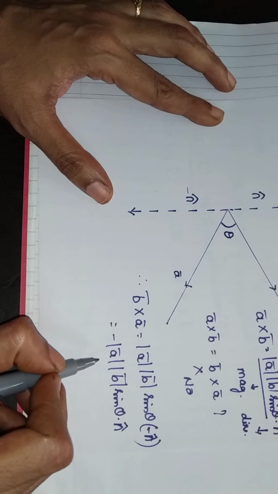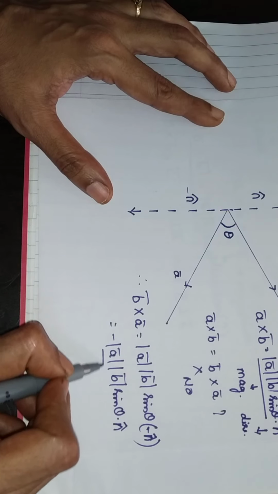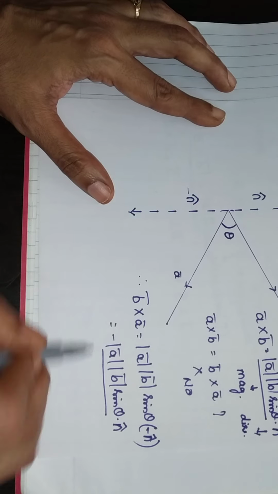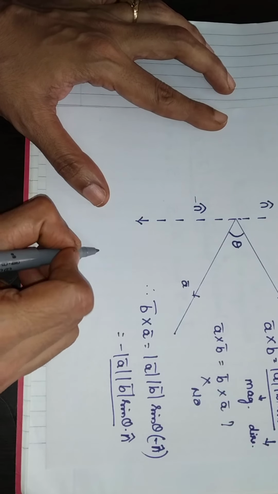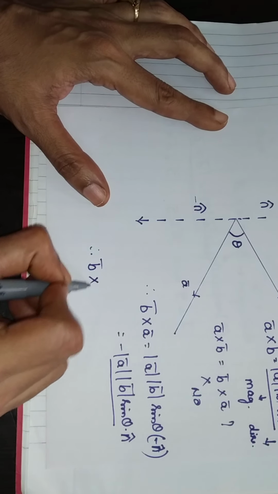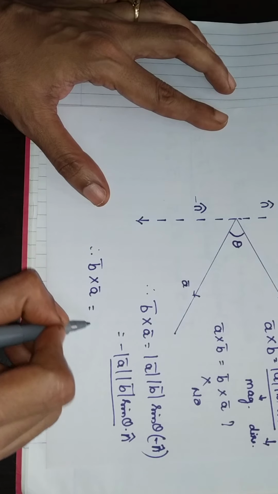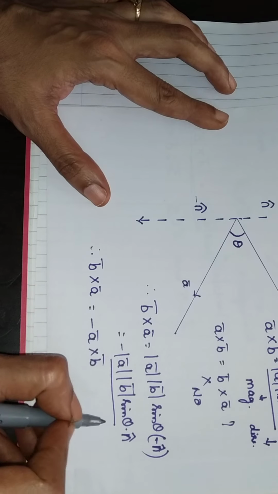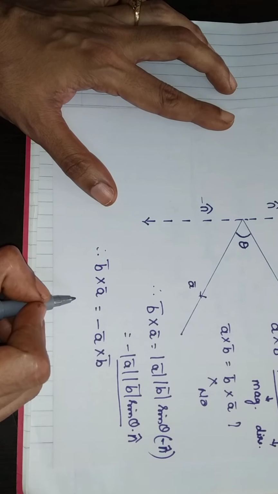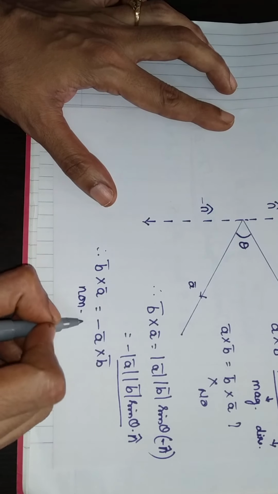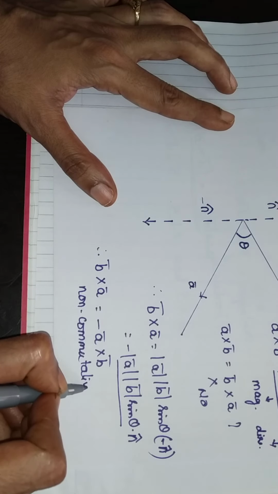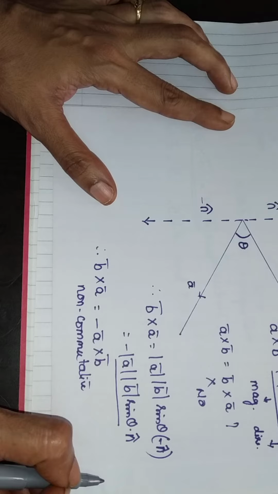That means this vector B cross A has the same magnitude as A cross B, but the direction is opposite because of the minus sign. Therefore B cross A is equal to minus A cross B. That means the vector product is non-commutative.